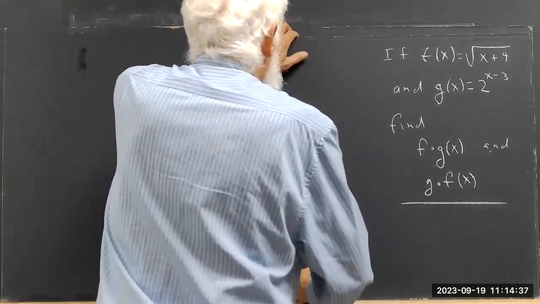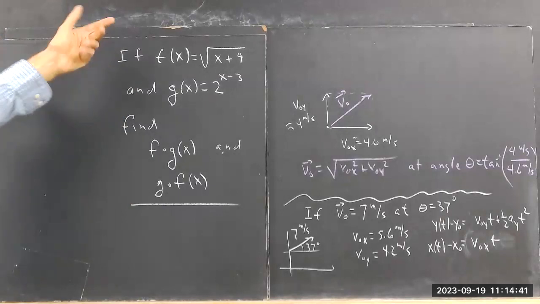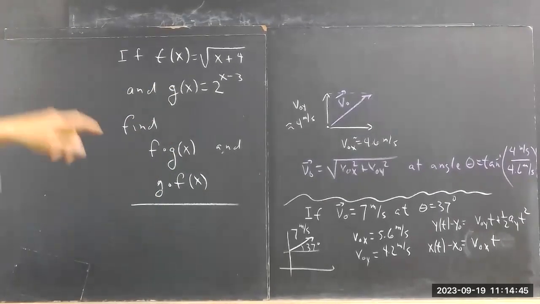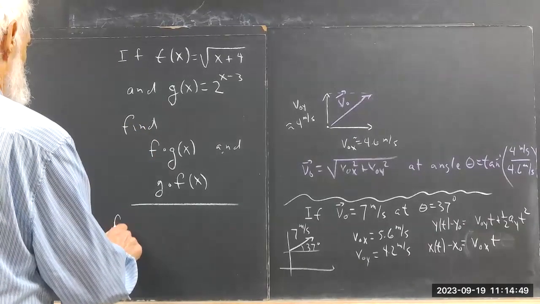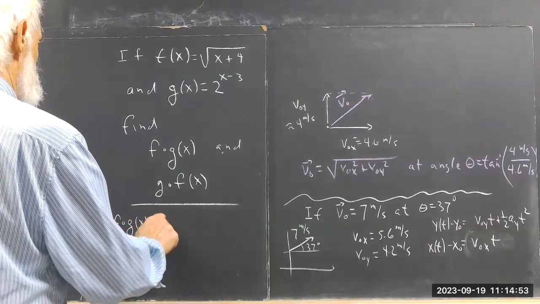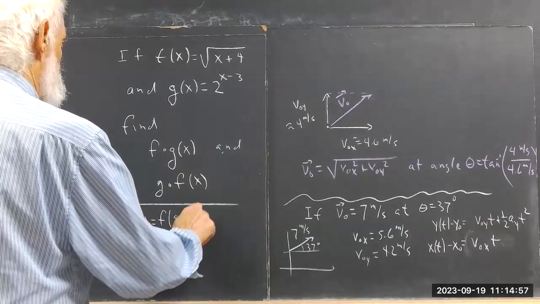Okay, well, we have this problem. Here's your f of x, here's your g of x. Okay, f circle g of x is just the same thing as f of g of x.